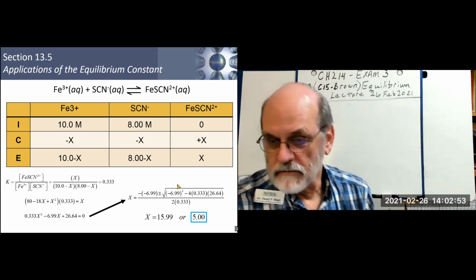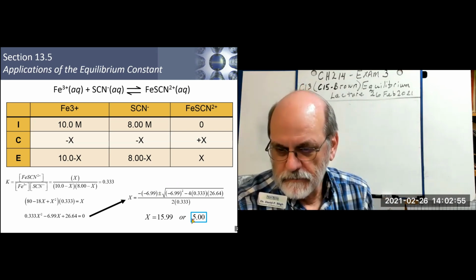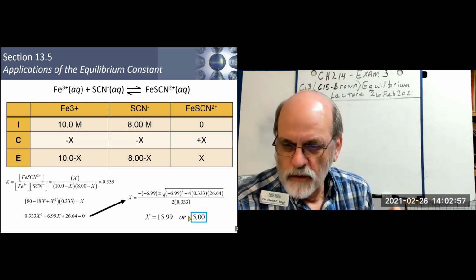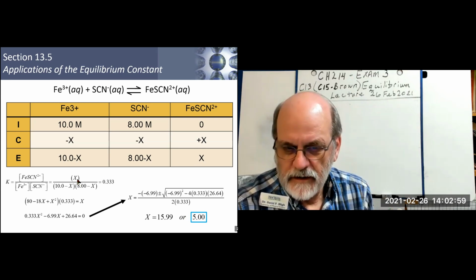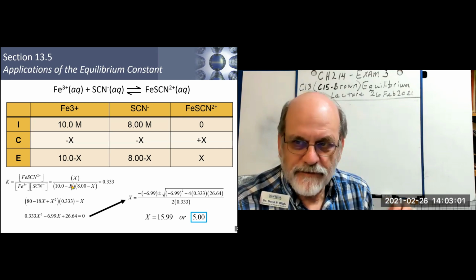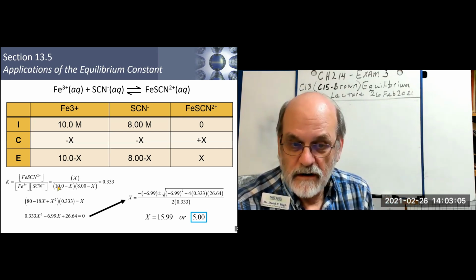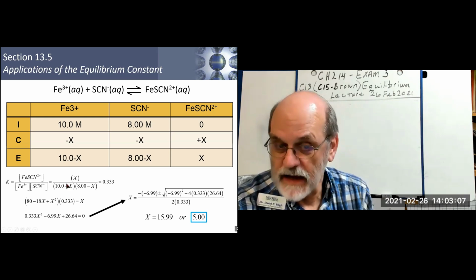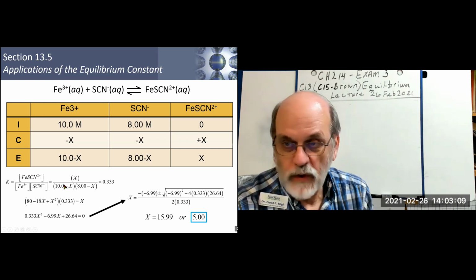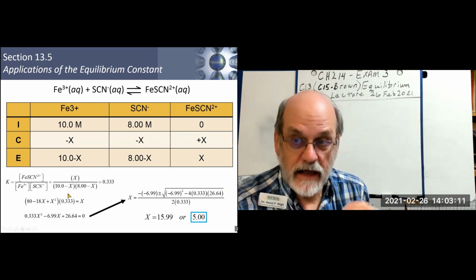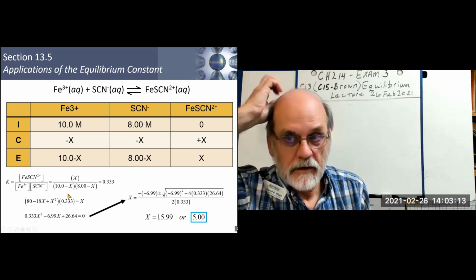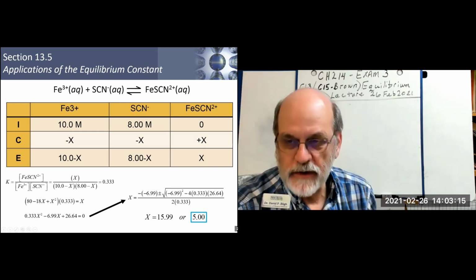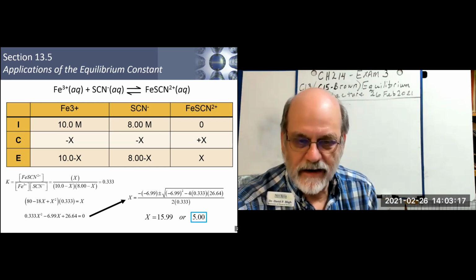Well, you look at the concentrations here, right? With this 5 in place, that 5 is a significant fraction in this 10 minus x, right? So we cannot ignore the x. We have to include the x, which means you have to solve the quadratic.